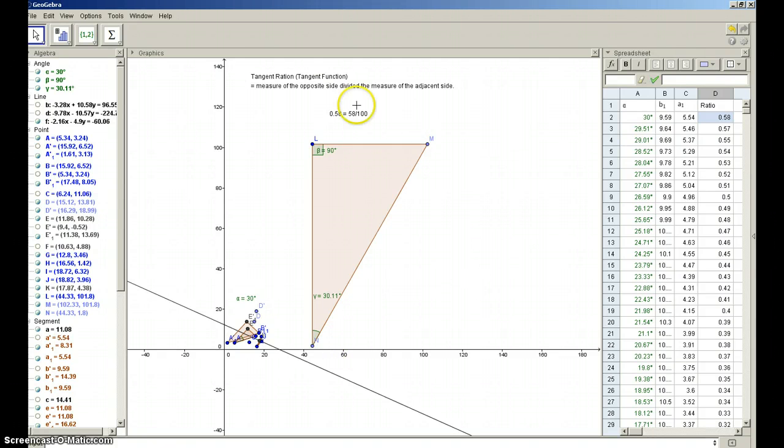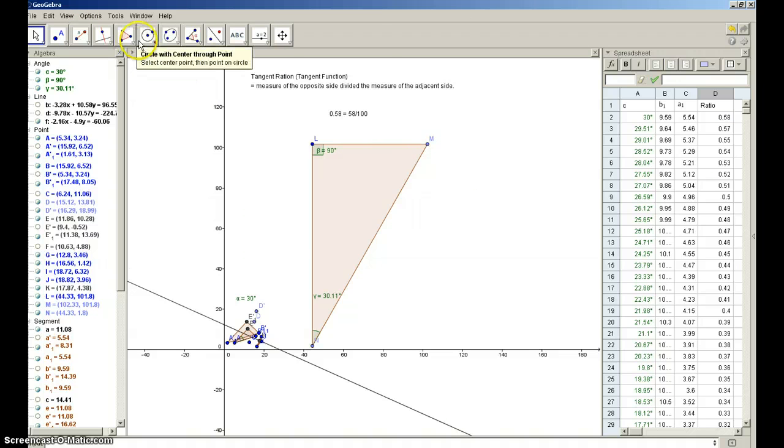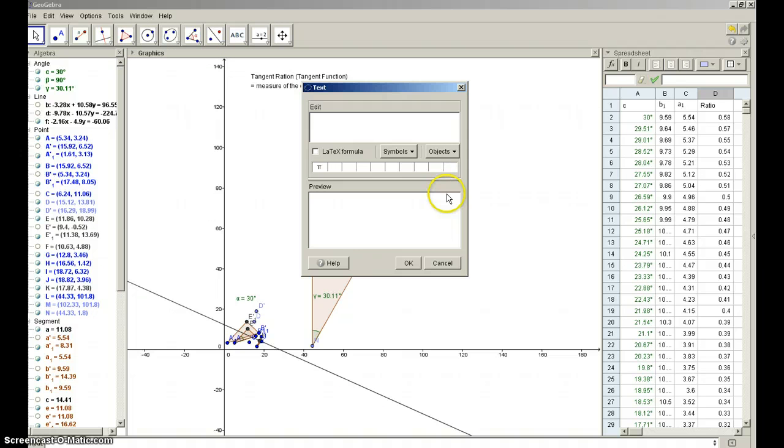Okay? There's two other functions that you ought to know. So let's write them out. And again, we're talking about from that same 30-degree angle, and the first one is called the sine function. On the calculator it says sin, but it means sine.